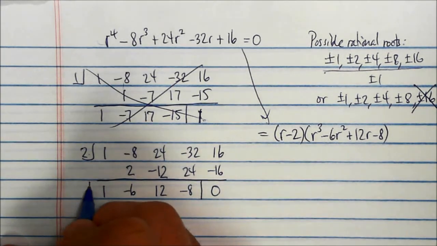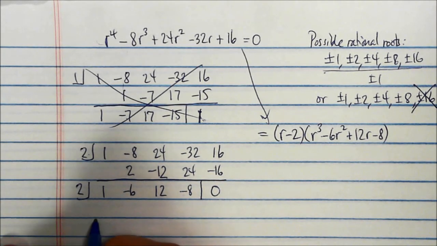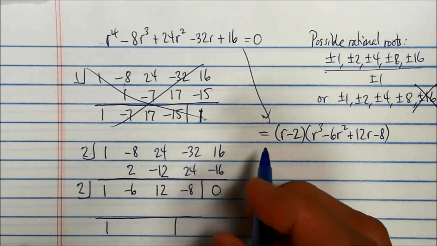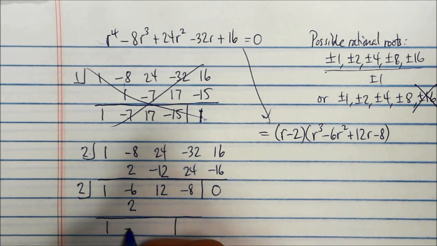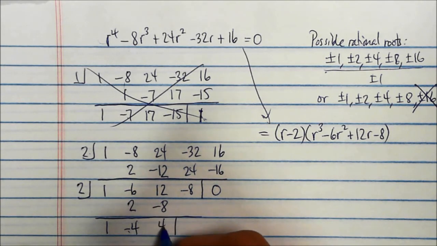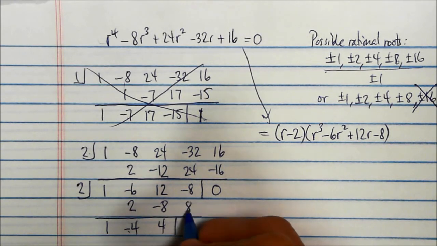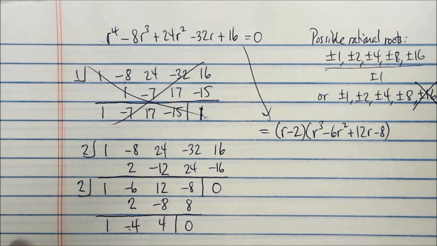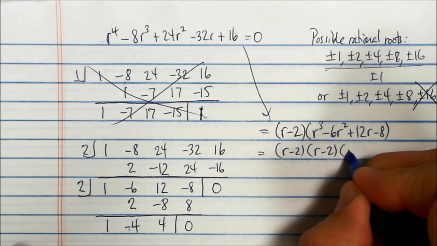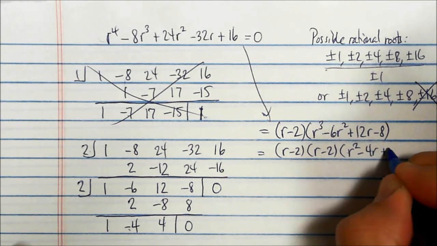So I'm going to try again, and let's try 2 again on this cubic. So 1, 2, negative 4, multiplying, I get negative 8, 4. 4 times 2 makes 8. 8 minus 8 makes 0, so that works. So 2 is a double root, so r minus 2 times r minus 2 times r squared minus 4r plus 4.